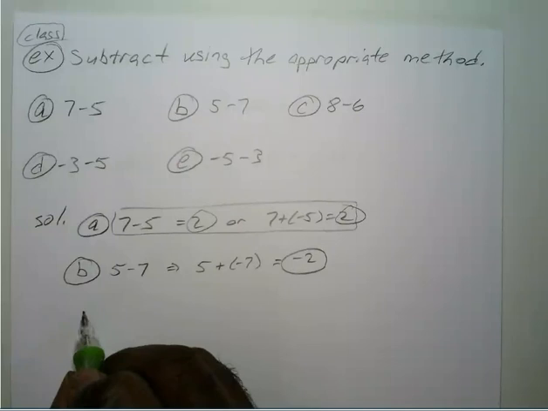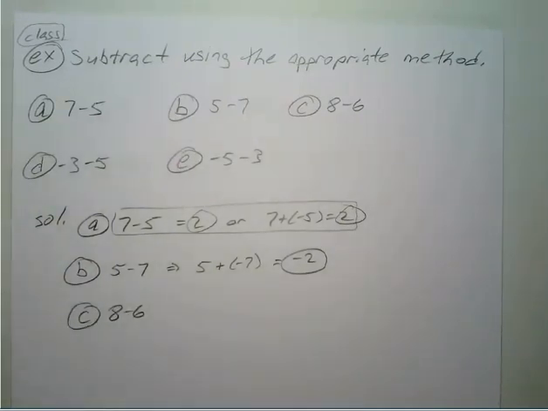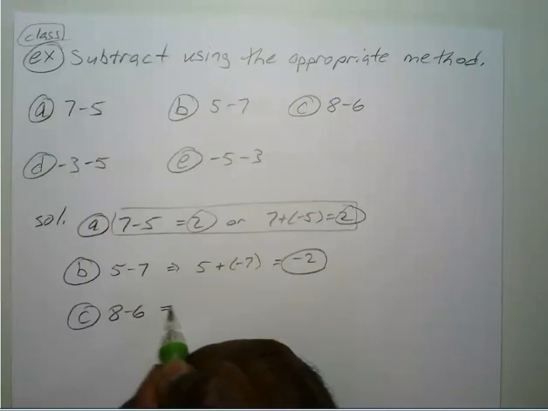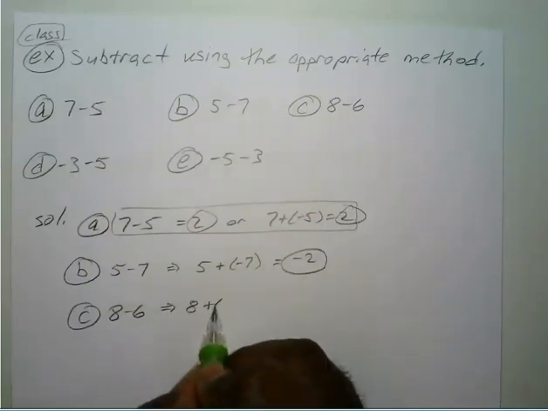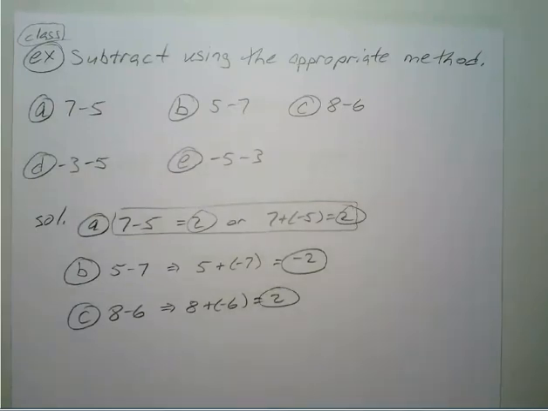Okay, same with problem C. 8 minus 6, we know 8 minus 6 is 2. Or you can write it as 8 plus negative 6. Either way, you'll get 2. Now for problem D, negative 3 minus 5, it's a little easier to rewrite it.